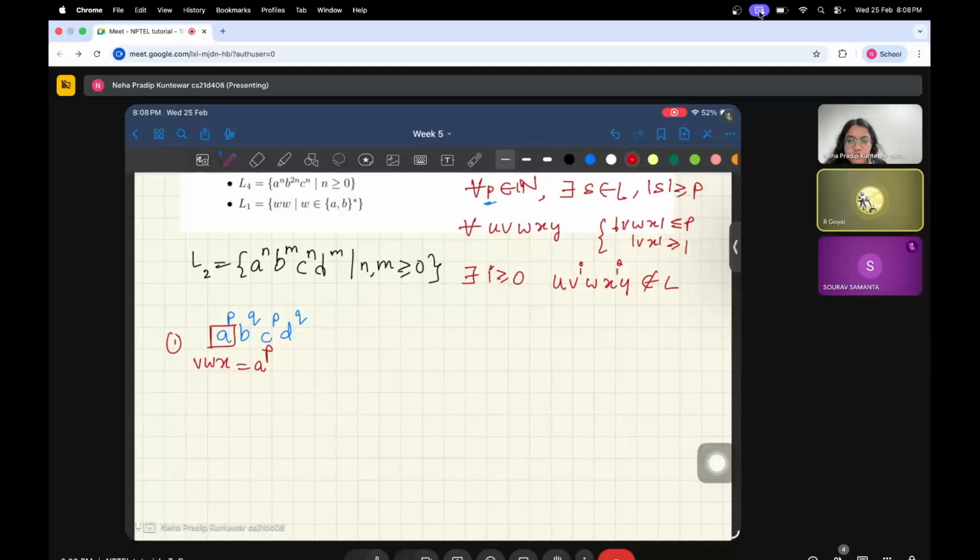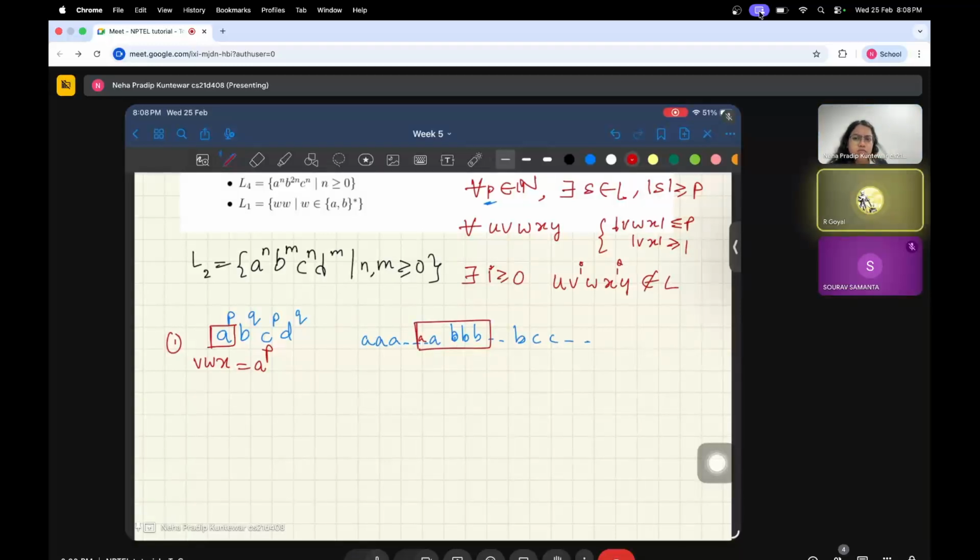In case q is greater than p, if we make any assumption about q, what is the chance? Are you looking at this case where vwx is here, something like this?